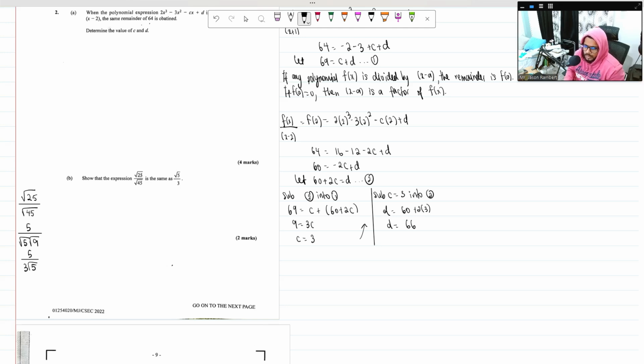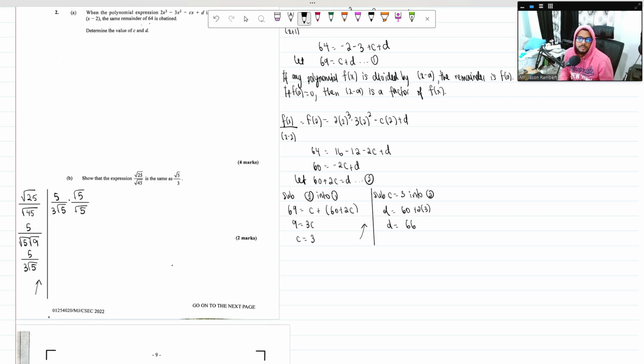What I'm going to do is rationalize. You don't have to multiply by the conjugate of the denominator in this case. When we're rationalizing, we just want to multiply by 1 in order to get rid of the square root on the denominator. So I'll have 5 divided by 3 root 5 multiplied by root 5 over root 5.